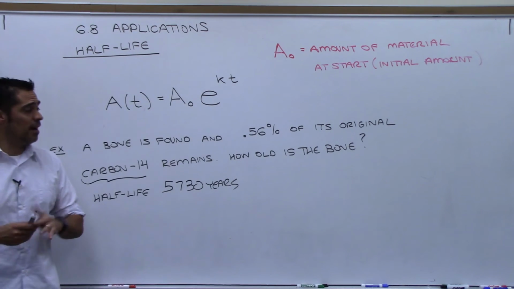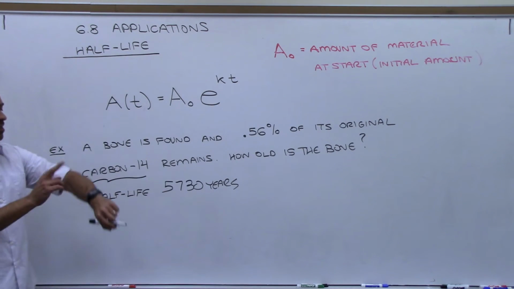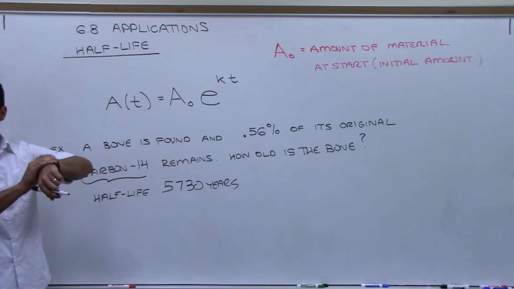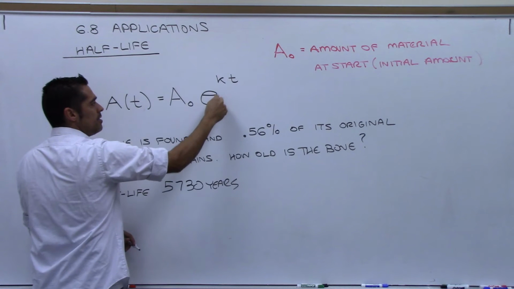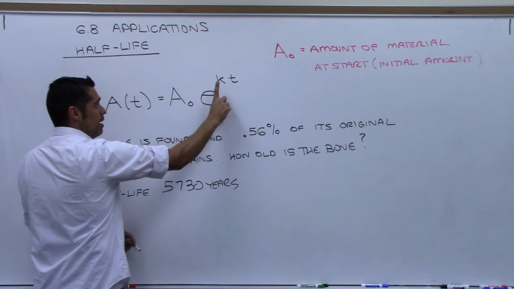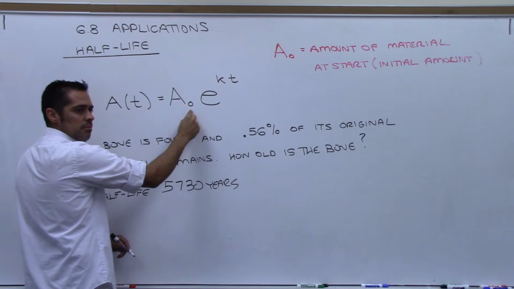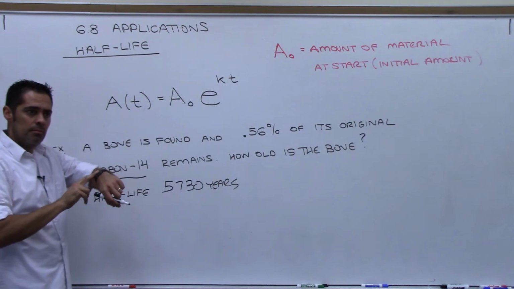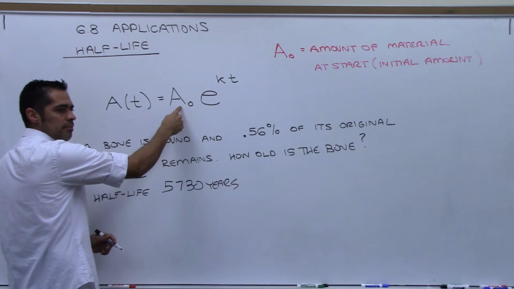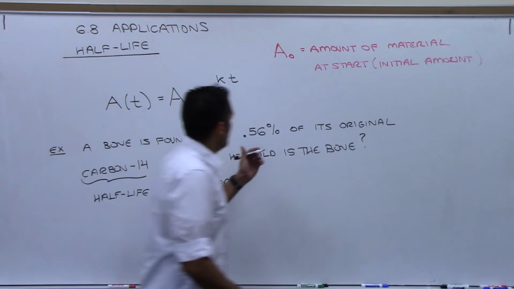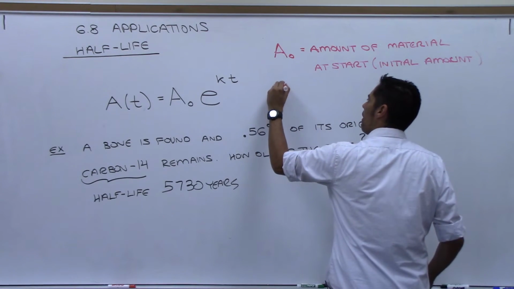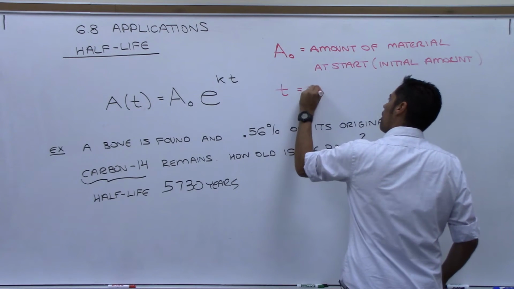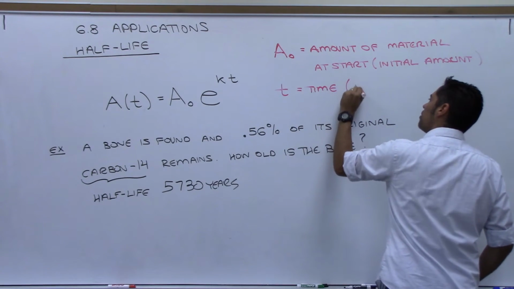Now I can verify that real quick. If I say t is 0, that's the start, I'm about to start my clock. If t is 0, the exponent is 0, and e to the 0 is 1, so it's just A sub 0. So at the beginning time, I have that much there. t is time, and it's always measured in years.